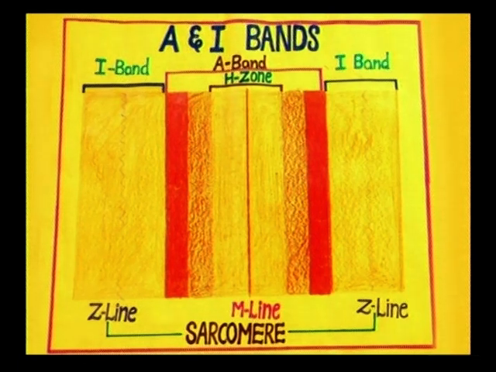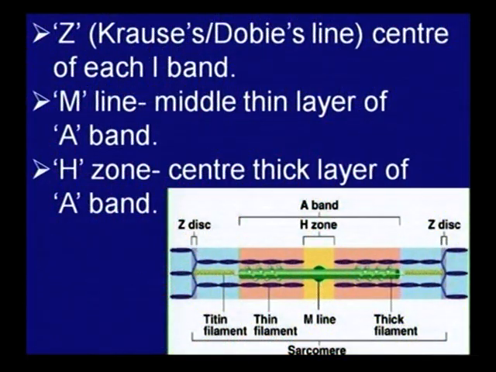The Z line is present in the middle of the I band and appears like a Z in the electron micrograph, so it is called the Z line. It is also called Krause's membrane or Dobie's line. The A band contains the H zone and the M line. The H zone is a thin fibrous region and the M line is the thick filament region. The M line is the middle thin layer and the H zone is the central layer of the A band.